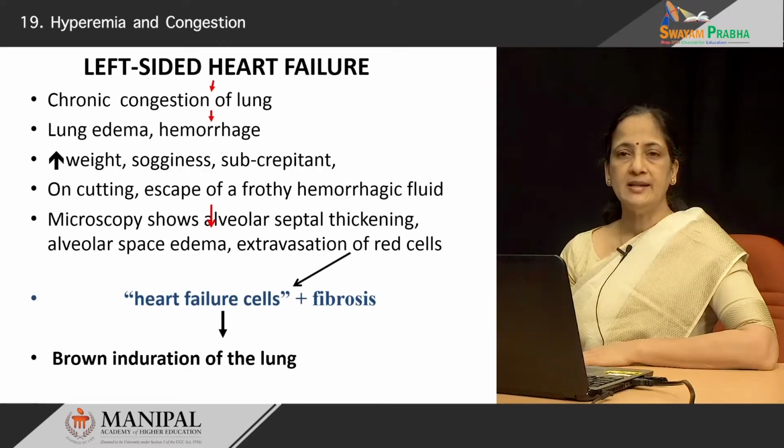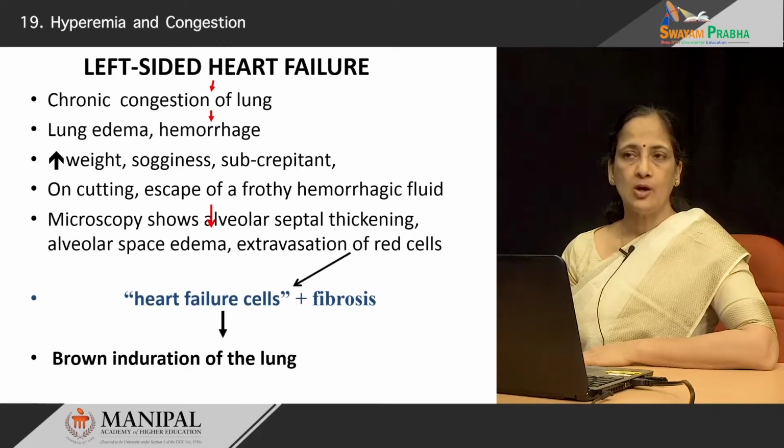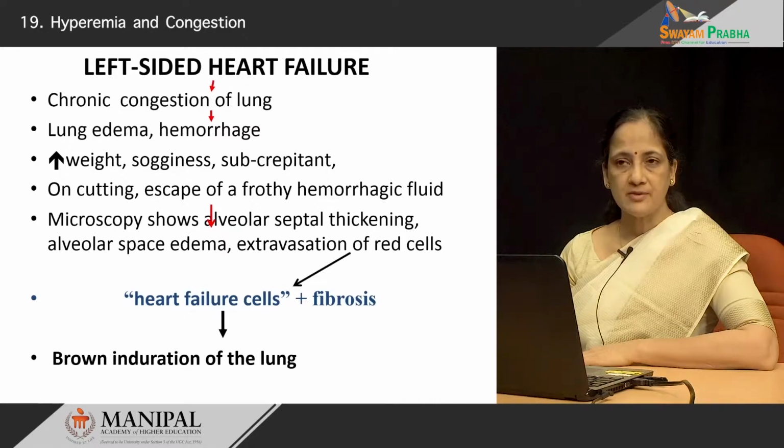Microscopically, we find that the alveolar septae in long-standing chronic venous congestion of the lung become thickened. There is edema in the alveolar space. Extravasation of RBCs from micro ruptures results in the breakdown of that blood and formation of heart failure cells. What are these? These are macrophages that are normally present in the alveoli.